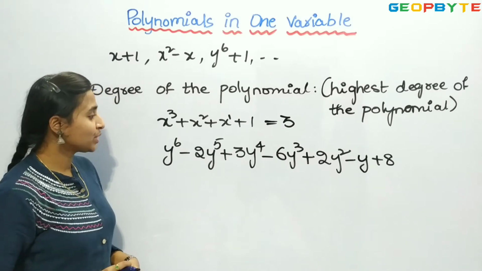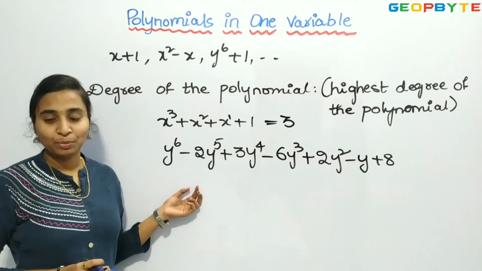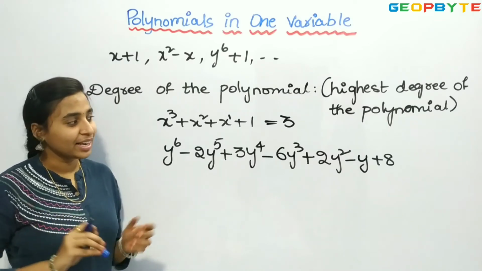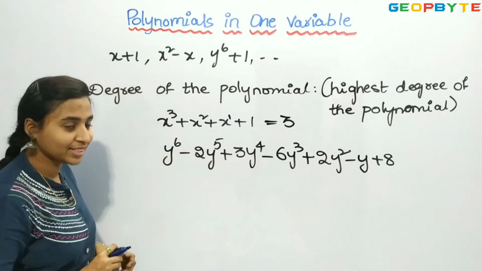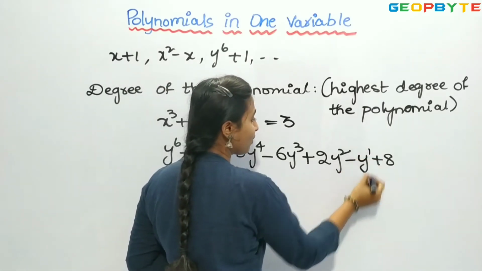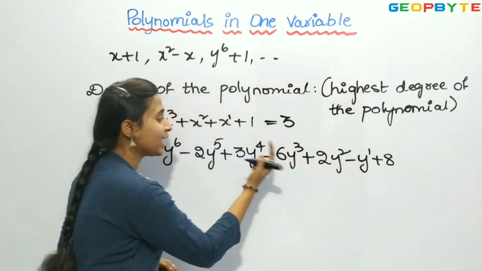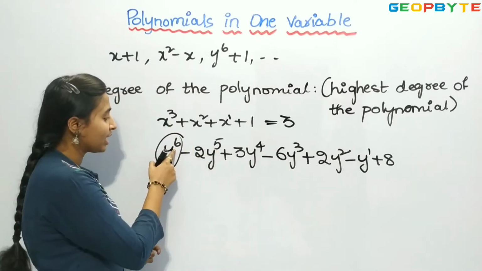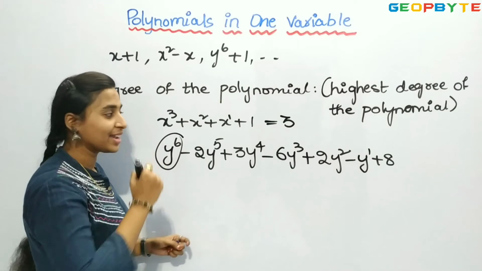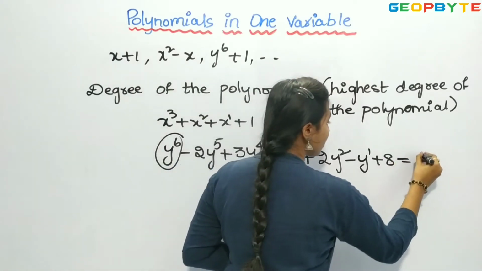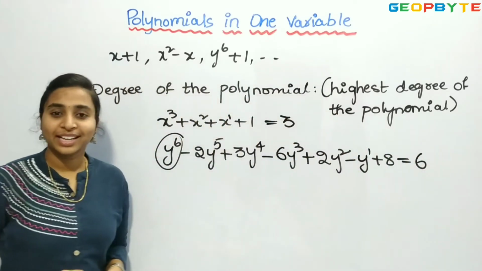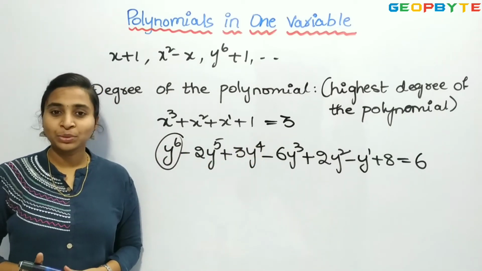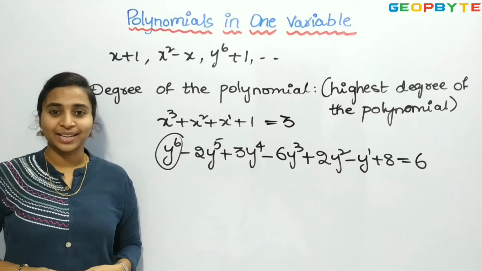Here you see what will be the degree of the polynomial. As I said, the highest degree. Here which one is the highest? For y we have 1, 2, 3, 4, 5, 6. Here we have 6 as the highest degree. So, the degree of this polynomial will be 6. So, we need to check the highest degree.